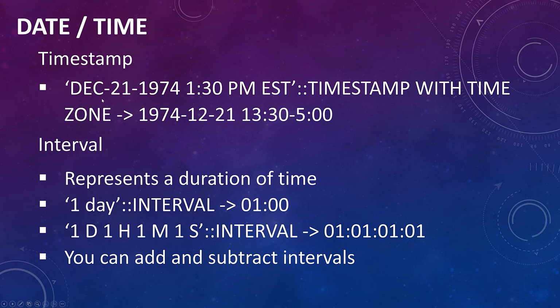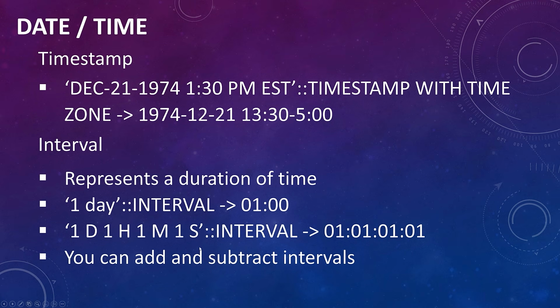We also have timestamps. They're going to have date information as well as time information, and you can see exactly how those are going to be stored. And also we're going to have intervals, and they are going to represent a duration of time. So you could have 1 day like this, and you could also come in here 1 day, 1 hour, 1 minute, and 1 second, and you could see exactly how they would be stored inside of our database.